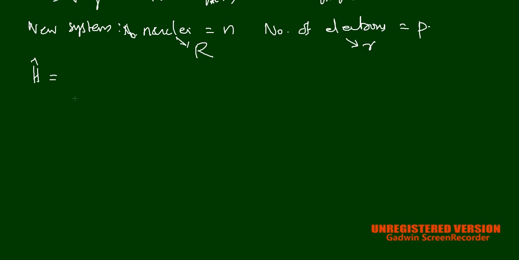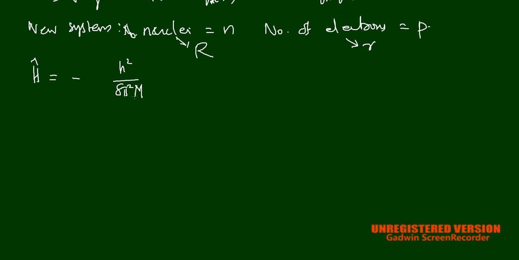How to include the kinetic energy term? The kinetic energy operator is minus h square divided by 8 pi square m. Here we are talking about the kinetic energy of the nucleus, so I give capital M.